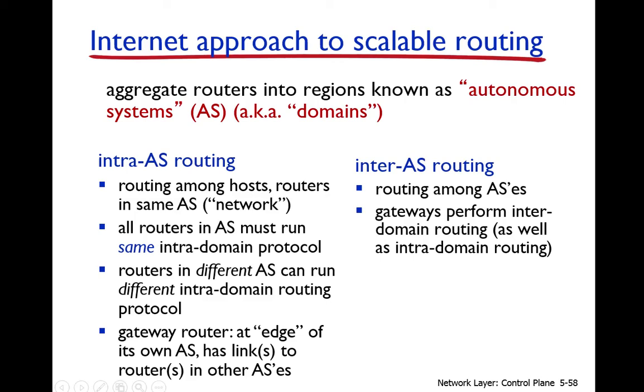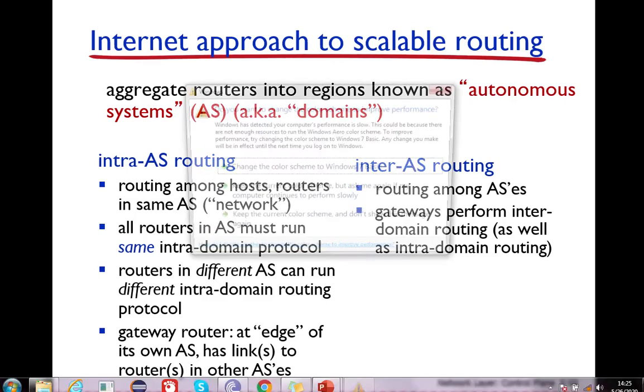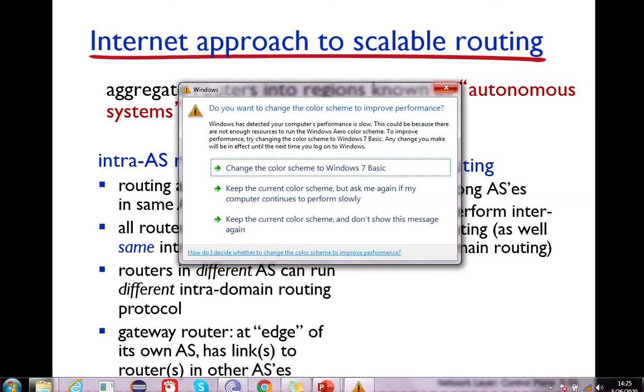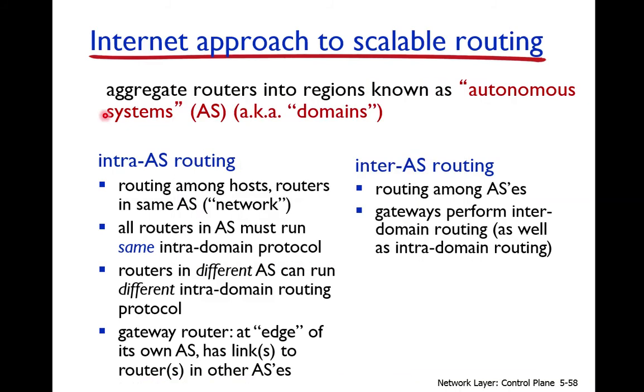So when the internet is divided into autonomous systems, we will have intra-autonomous system routing and inter-autonomous system routing.